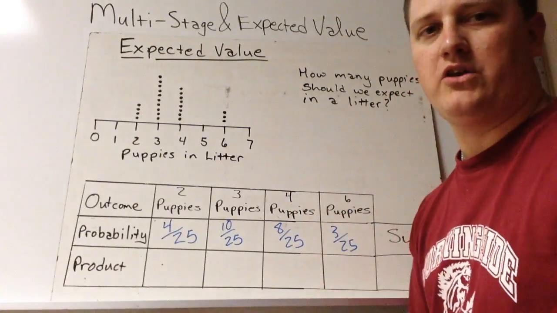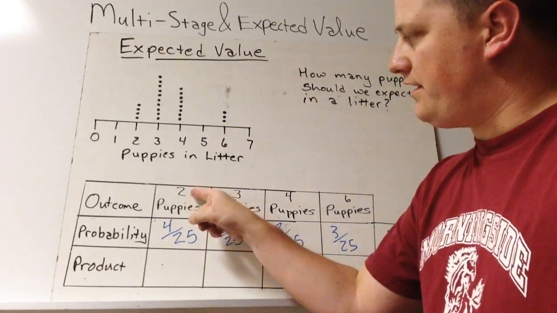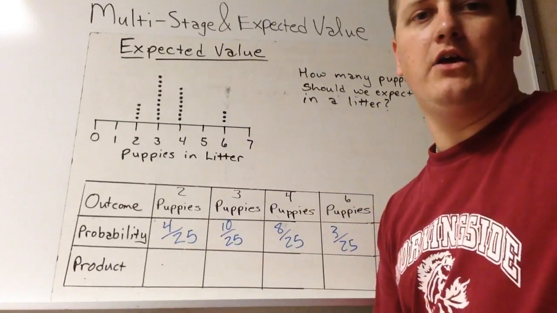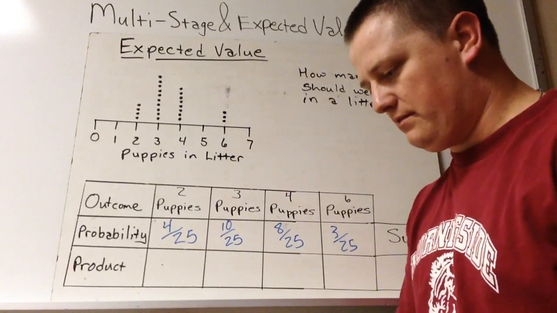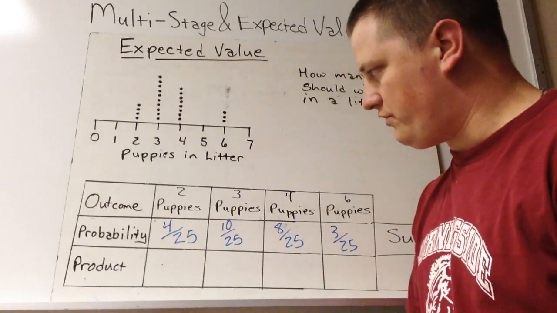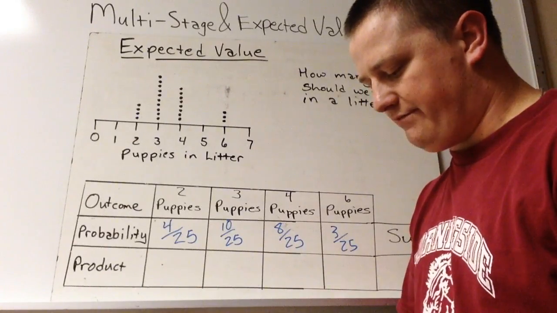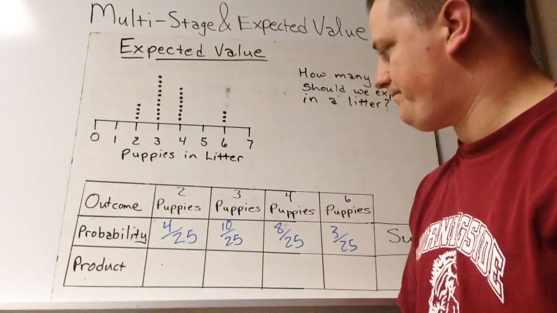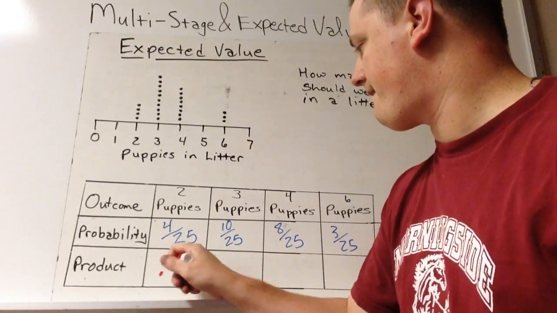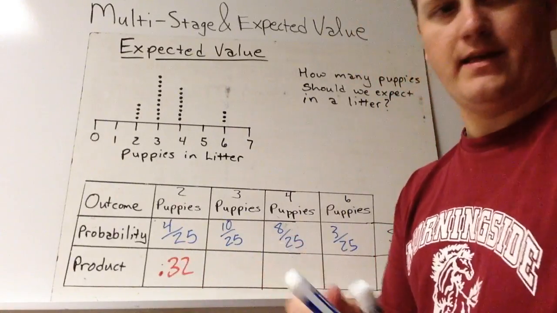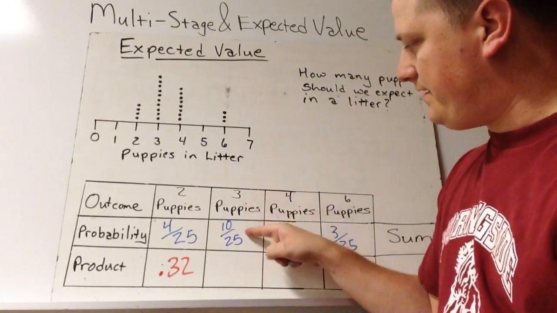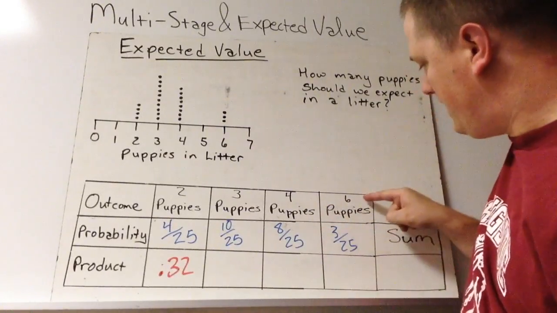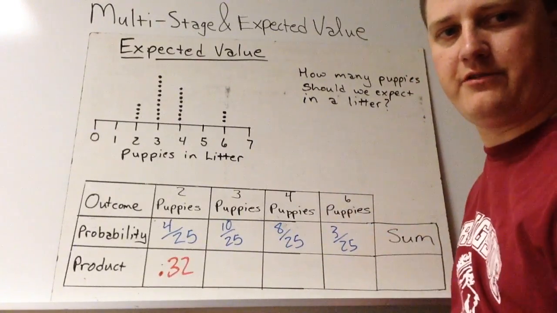Then what we do is take the number times the probability to get our product. So we're going to take 2 puppies times 4/25, and we get 0.32. Then we're going to do that for 3 puppies times 10/25, 4 puppies times 8/25, and 6 puppies times 3/25.